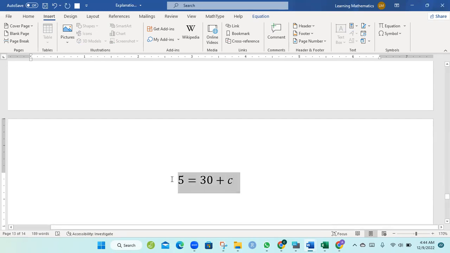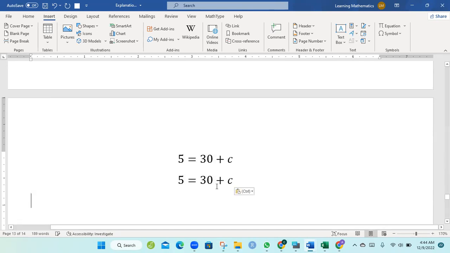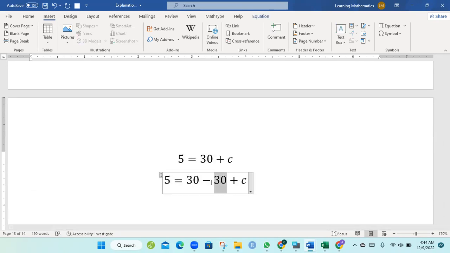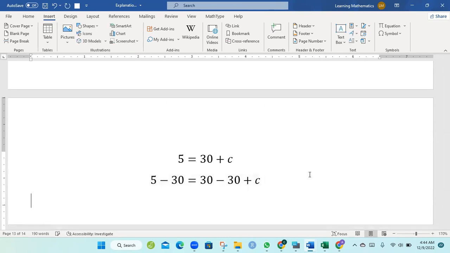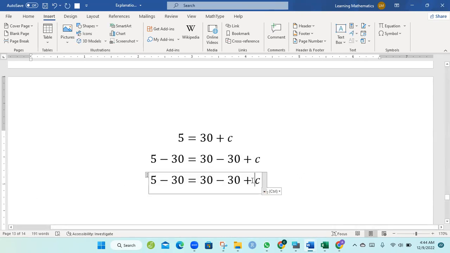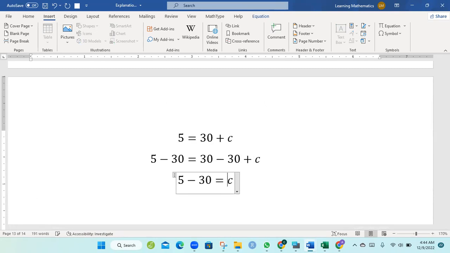And to solve for c, we can cancel out 30 from the right side by subtracting 30. If we subtract 30 on the right, we have to subtract 30 on the left. So 5 minus 30 will give us negative 25. So c is negative 25.